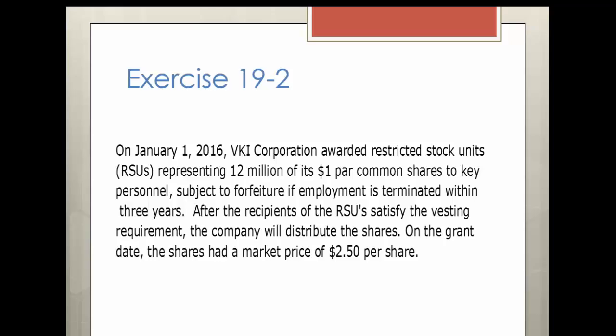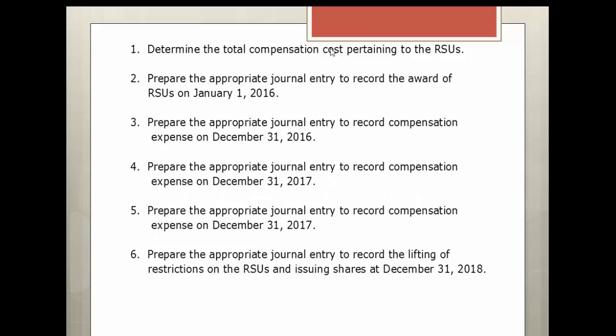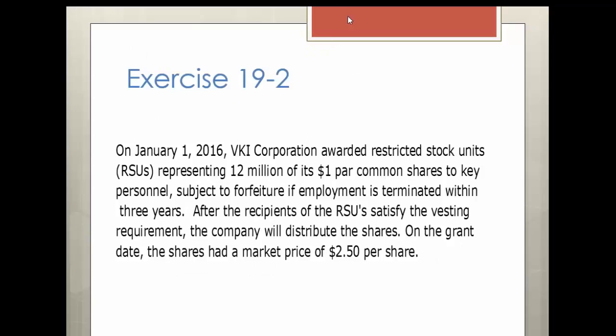So just visualize what's taking place: we're issuing these shares. This is not a stock option where they have the ability to buy. We're simply giving these shares to these employees at the end of the 3-year period. So this is a little different than some of the other assignments we're going to look at. In this case, we are giving shares, not the option to buy them.